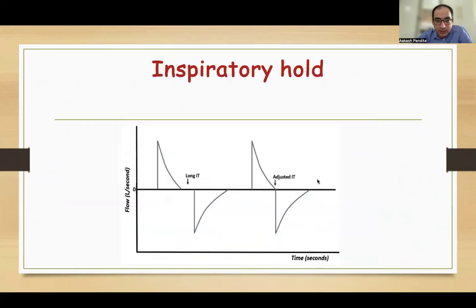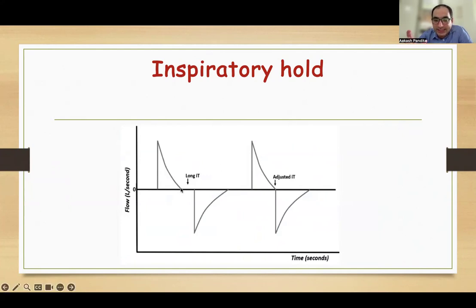The other thing we talked about is something known as inspiratory hold. This was also discussed in the previous lecture. So normally this is a zone of zero flow. What it means is that the lungs are already inflated. Whatever PIP we had set, we have already achieved it.